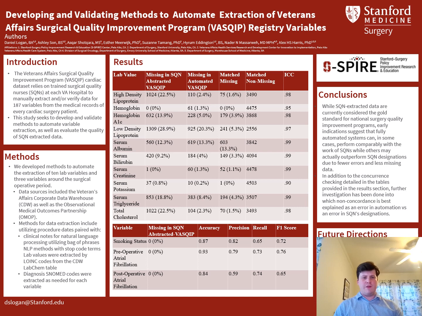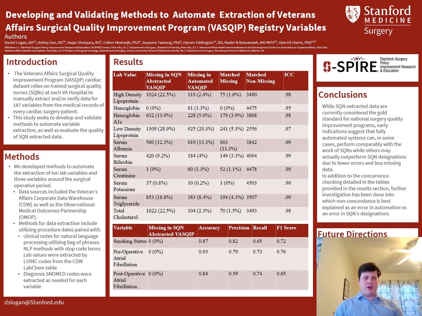In addition, the variable definition allows for information received from the patient or their health record to be considered without clarity as to which is preferred. Despite this, a combination of structured smoking data from CDW as well as NLP on clinical notes have accomplished fairly high congruence with SQN designations.